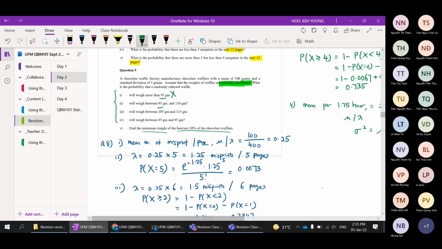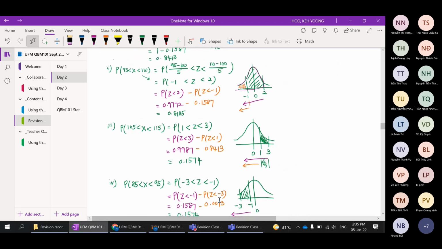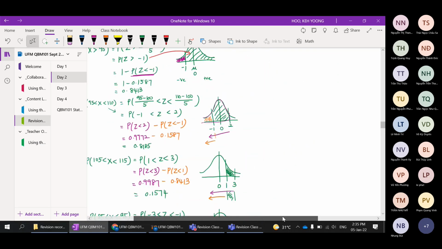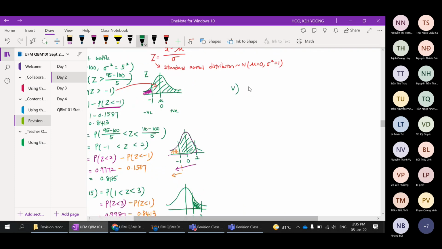Let me draw it beside here. Remember X is the weight. If I draw the weight distribution, the mean is given as 100 grams.